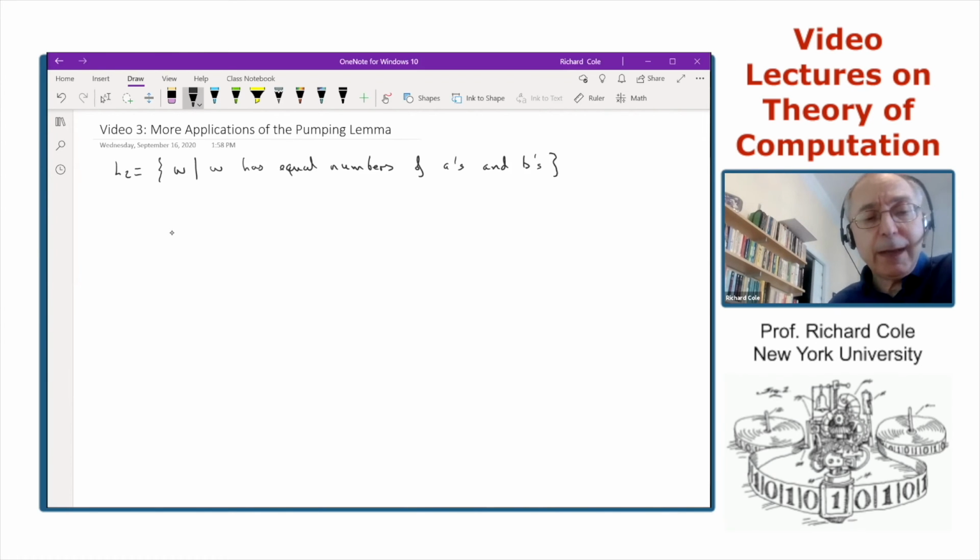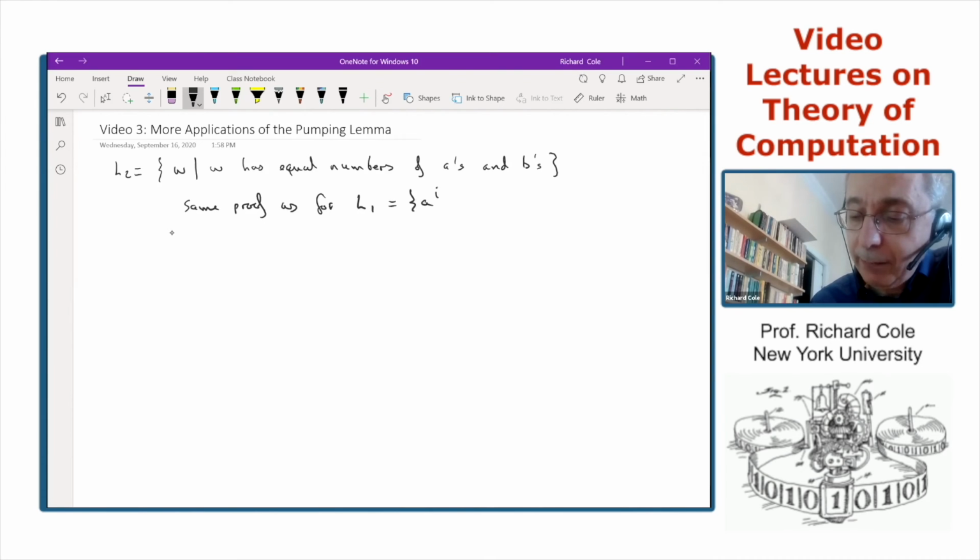Well, we're going to begin by using the same proof as for the language that we saw before, namely, let's call it L1, which had equal numbers of A's and B's, but with the A's coming before the B's.